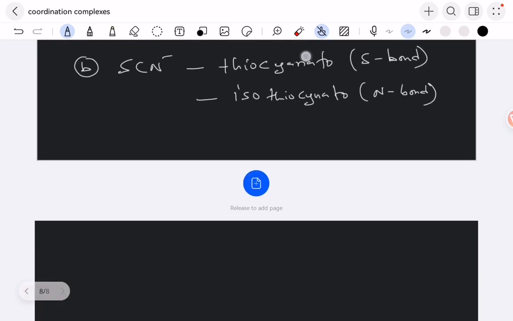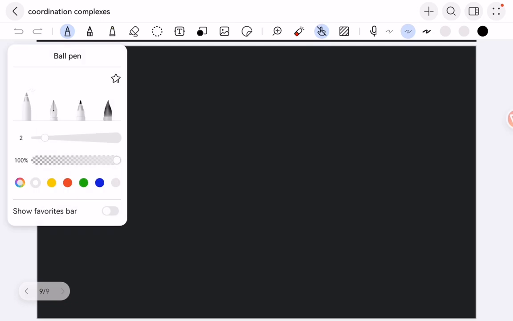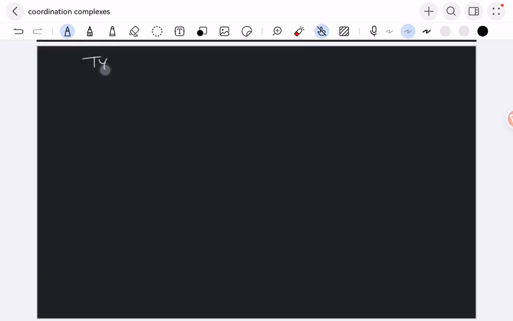Then, lastly, I would like us to look at the types of coordination compounds or complexes.